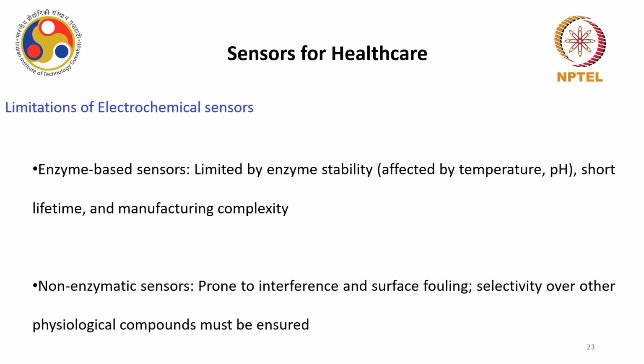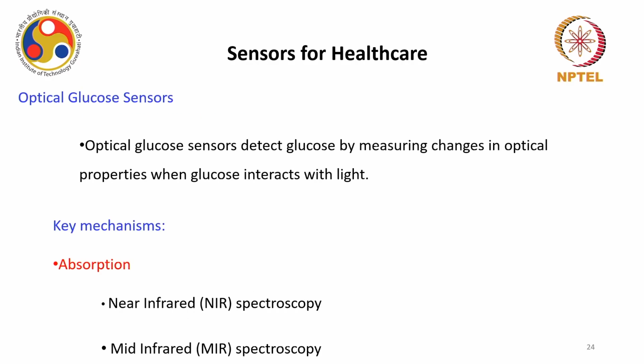Selectivity over the physiological compounds has to be ensured, because in the non-enzymatic based devices we do not know what is getting oxidized, whether it is glucose, or some other molecule or other carbon molecule which you are measuring.